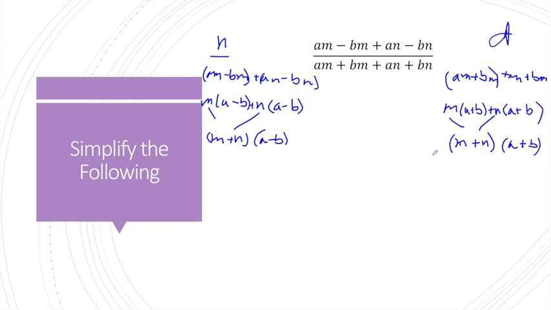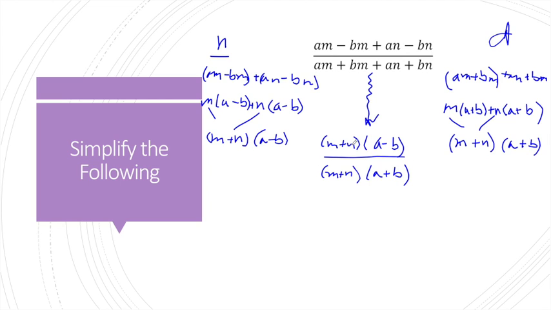So now I can rewrite this function now that I've factored it. I can rewrite this as M plus N times A minus B over our denominator, M plus N times A plus B. Now we cancel out their common terms.